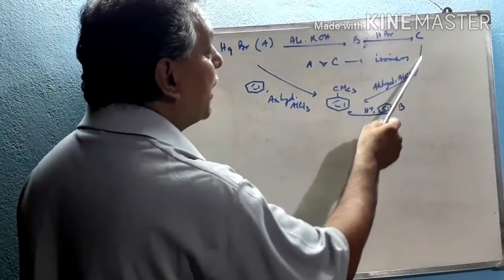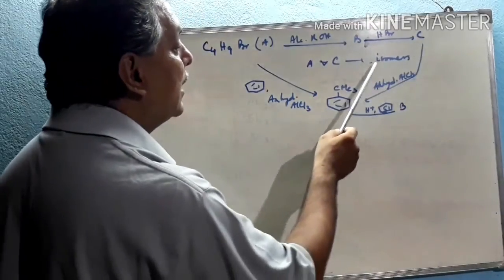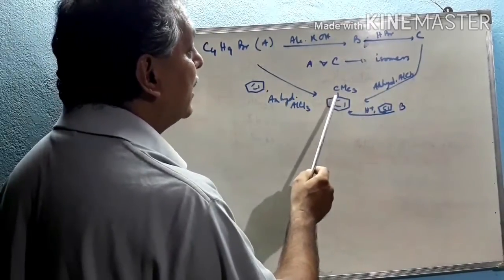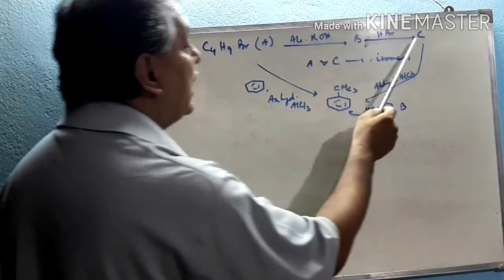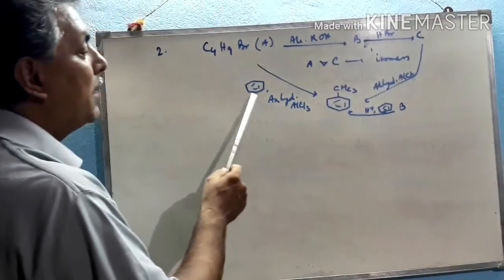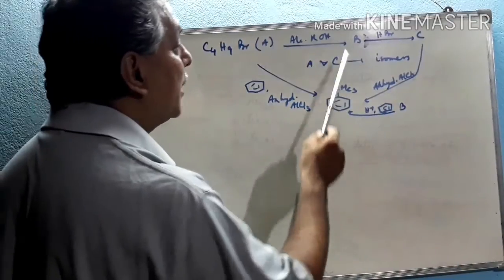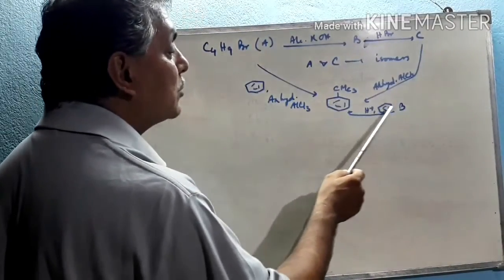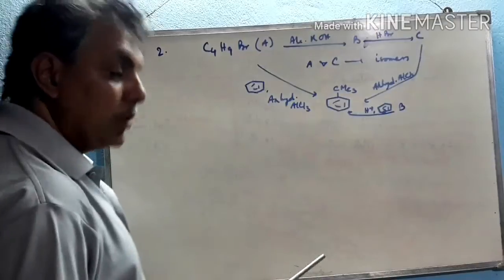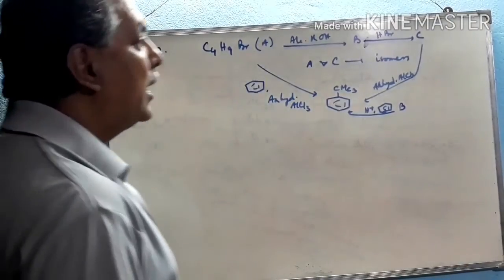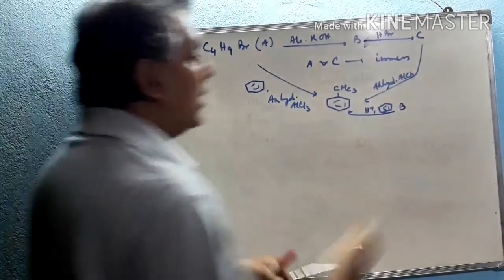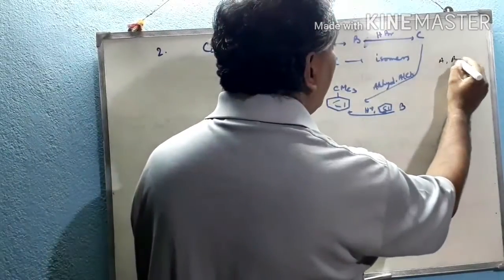And C when separately treated with anhydrous AlCl3 and benzene gives the same product, tertiary butyl benzene. But B when treated with H plus and benzene also produces tertiary butyl benzene. So we have to identify the structures of A, B and C.